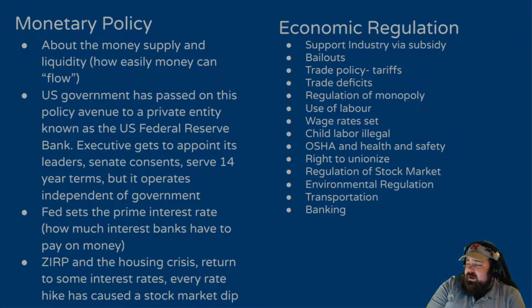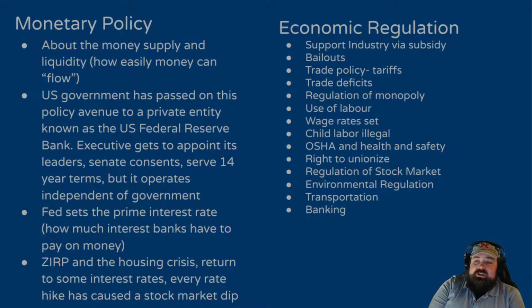We also have a large role of our government being played in monetary policy and economic regulation. When we talk about monetary policy, this is about how much money is available in the system and how, quote, liquid it is, how easily this money can flow.